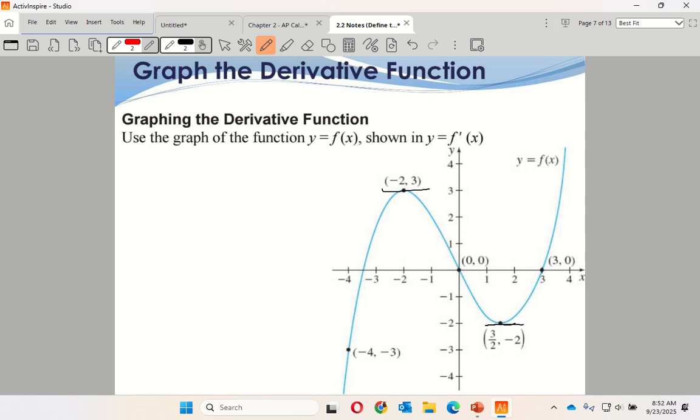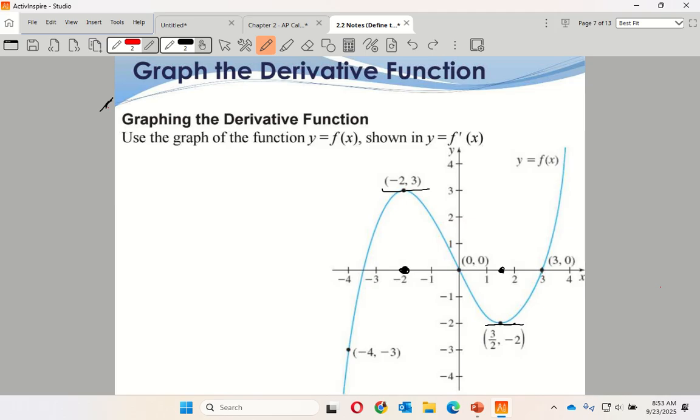So that means that my f prime, which I'm going to stay in black, is going to cross right there, and it's also going to cross right there. Now, looking to the left of -2, what is f doing to the left side of -2?